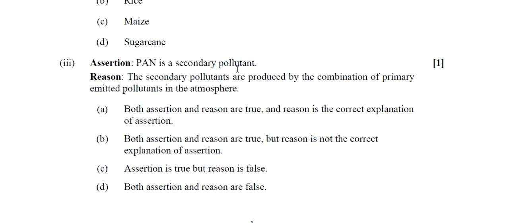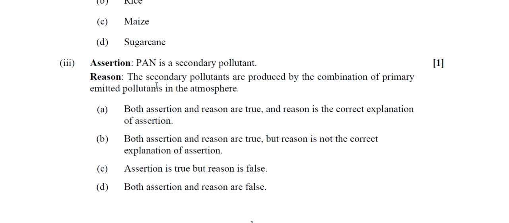So secondary pollutants are those that do not arise directly from any source. They are mainly produced due to reactions between the primary pollutants. And PAN is actually a secondary pollutant, so this assertion is a true statement.